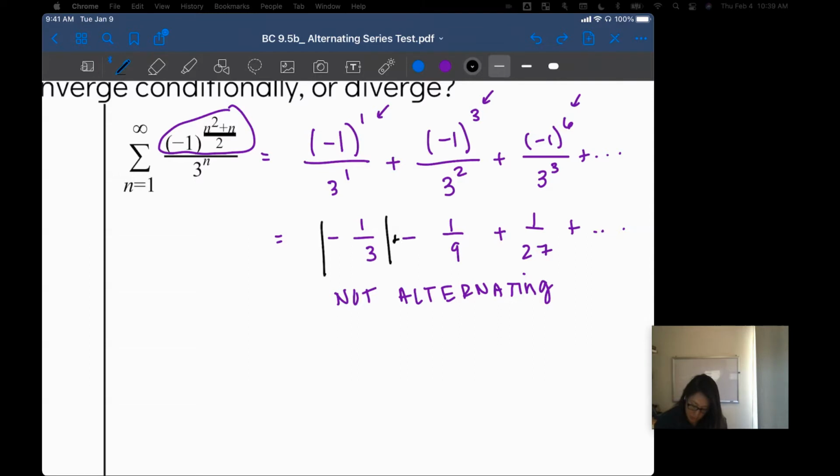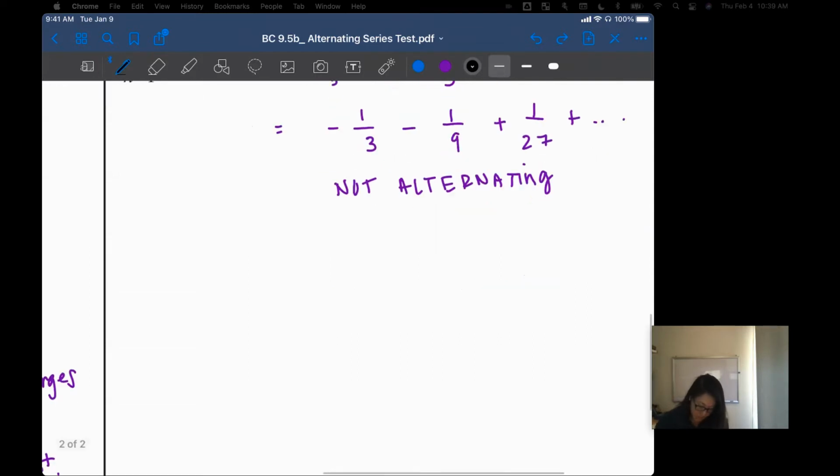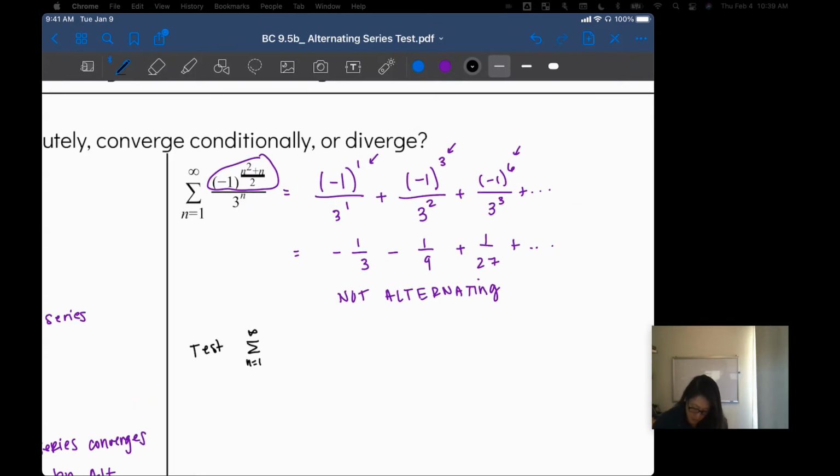Okay, let's see. We're going to test to see if the sum as n equals 1 to infinity of the absolute value of negative 1 to the n squared plus n over 2, over 3 to the n converges. We'll see.